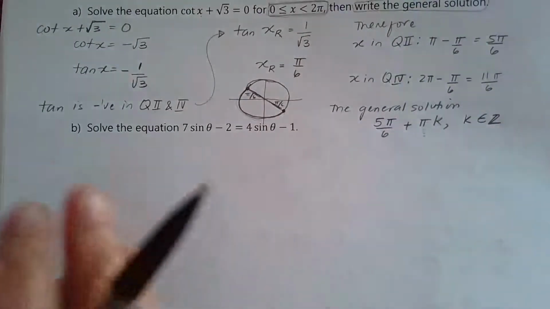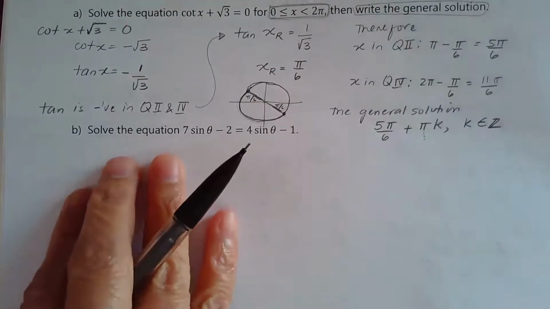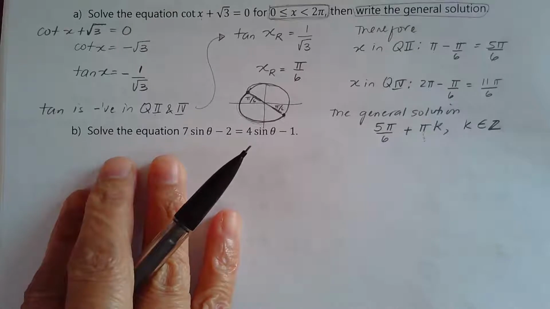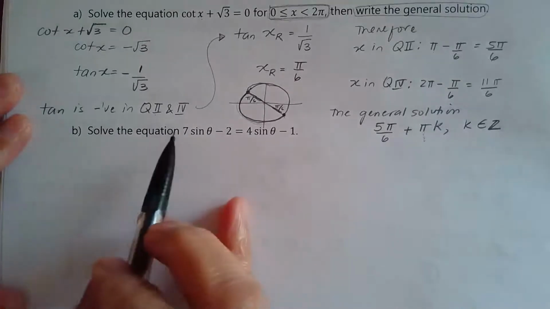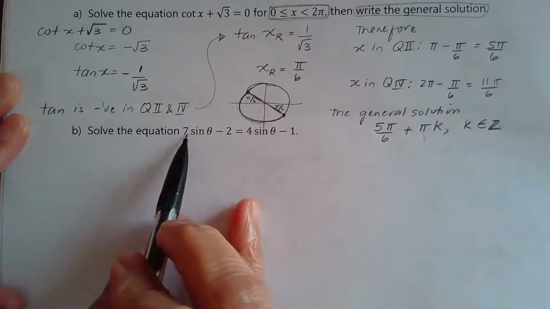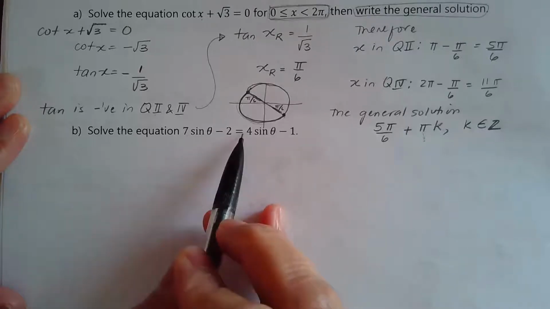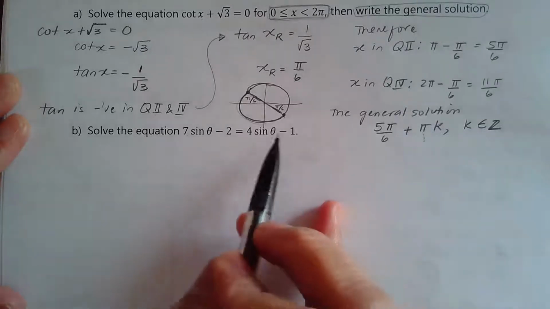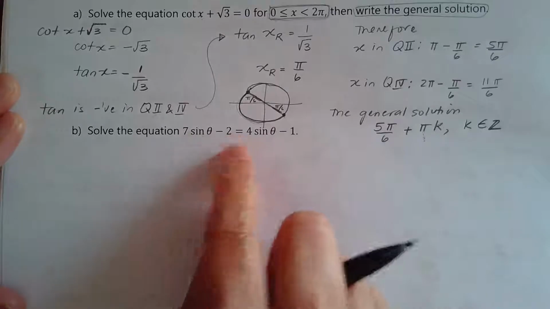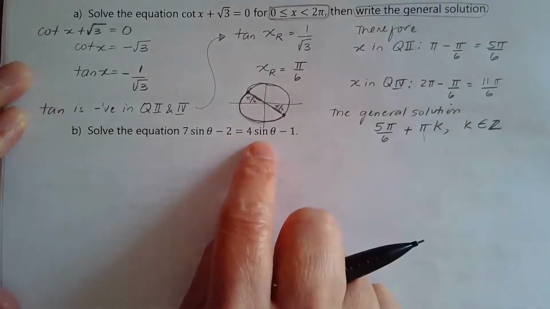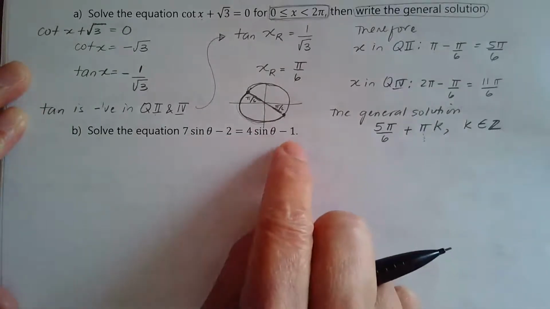Okay, we're on to the last example in example 4, part B. Let's try this one: 7 sine theta minus 2 equals 4 sine theta minus 1. We're going to again manipulate this to solve for theta.